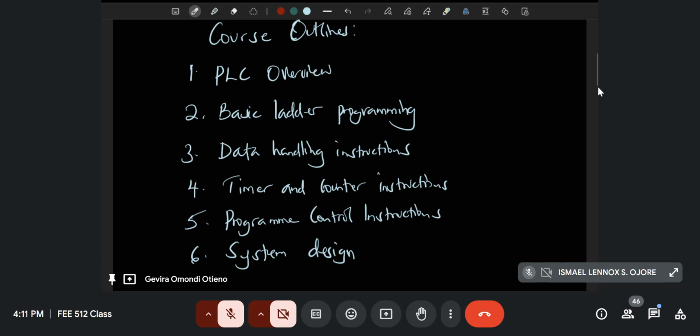That's an application area. You can design PLCs for temperature control, for how to sequence valves. Maybe if you're working for Kenya Pipeline Corporation, how do they sequence their valves? For conveyor belts, how do we control velocity? All these are system design problems that we can apply PLCs to.